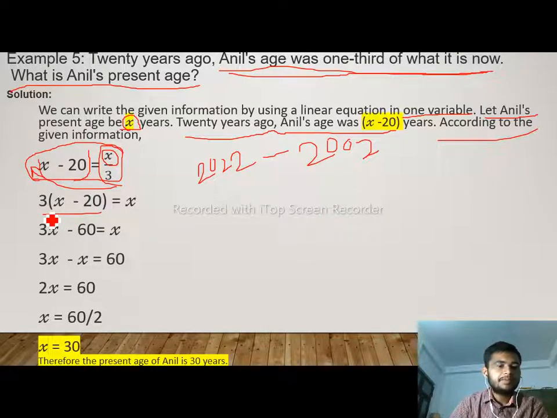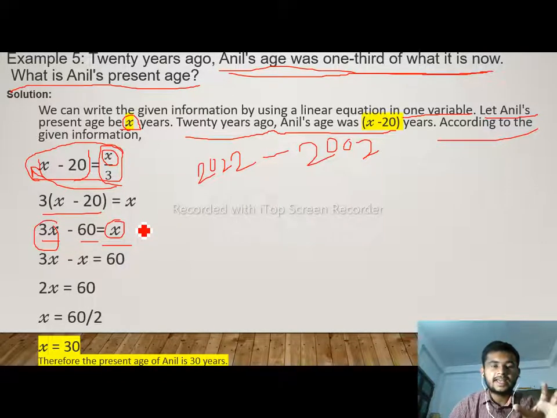And when you multiply 3 to the bracket, we get 3x minus 60, 3 2s are 6, 3 3s are 60, equals x. Using the property of shifting the constant terms to one side and variables to the other side, what is the variable here? 3x and x are the variables. So we keep 3x and x on one side and minus 60 on the other side.